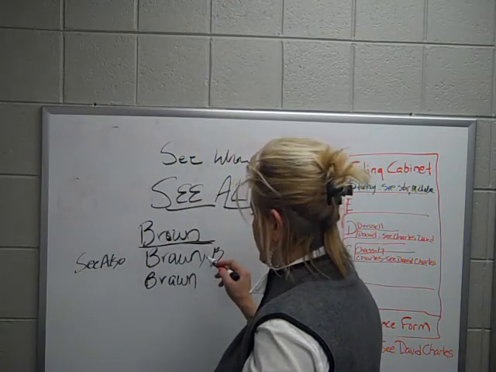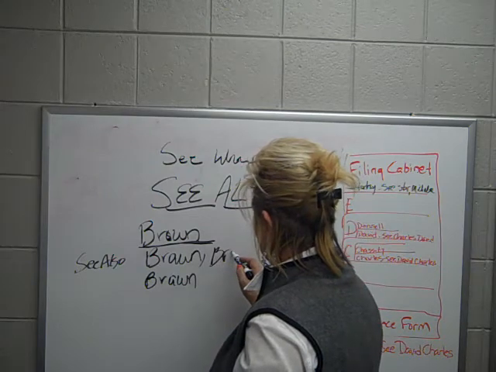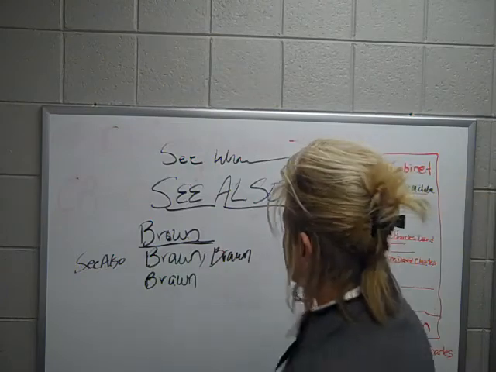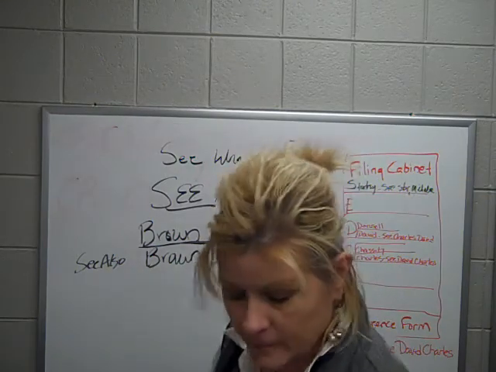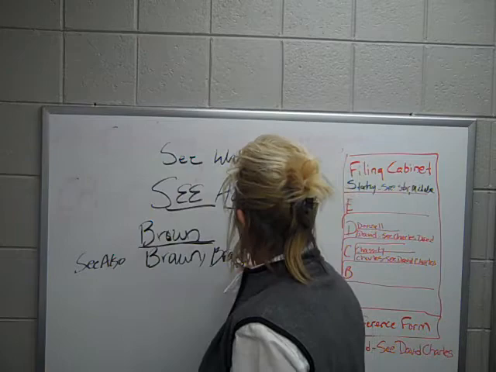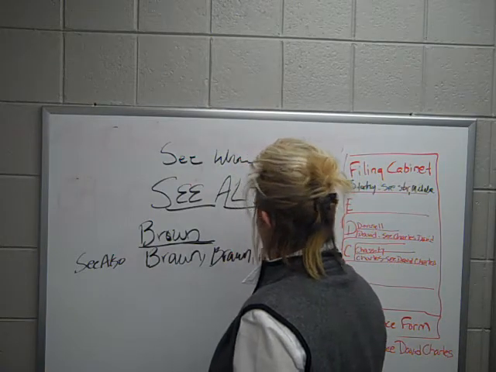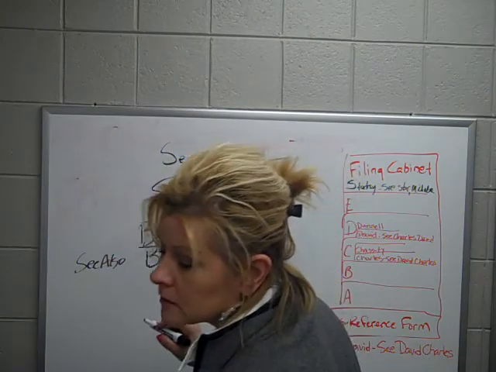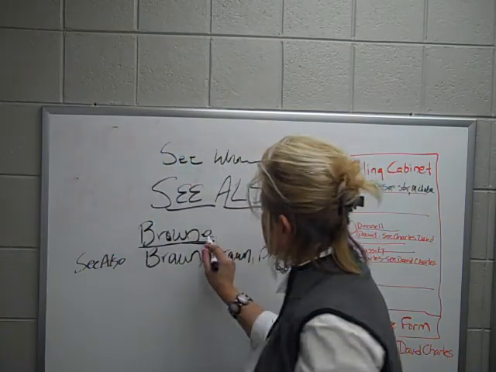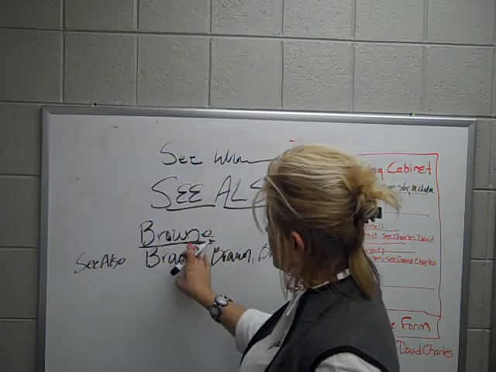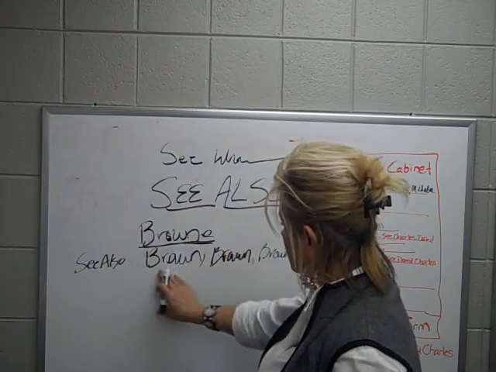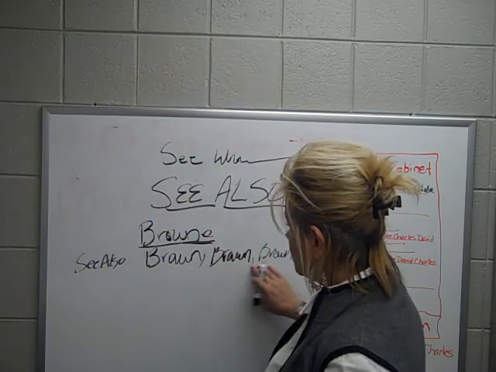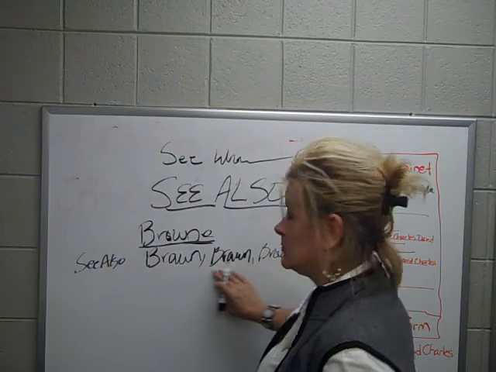It's actually spelled, pronounced Brown, like that, just like it is in your book, and include Brown with an E. Well, no, this one doesn't have an E. Yeah, they've got Brown right here with an E. So if you have someone's last name with Brown, then you're going to have to include these 3 if they're in your filing system, to look at these 3 to find the person you're looking for.